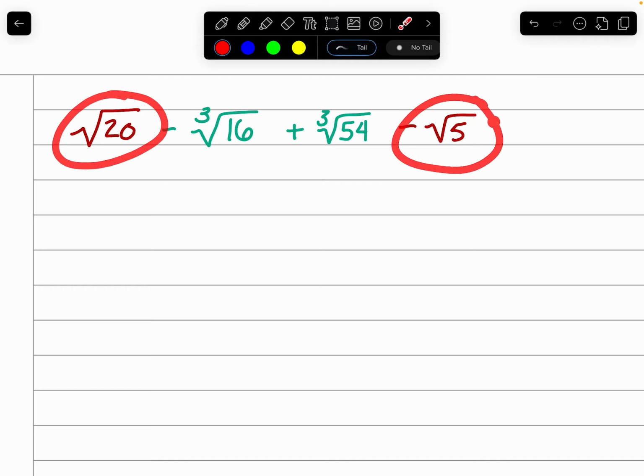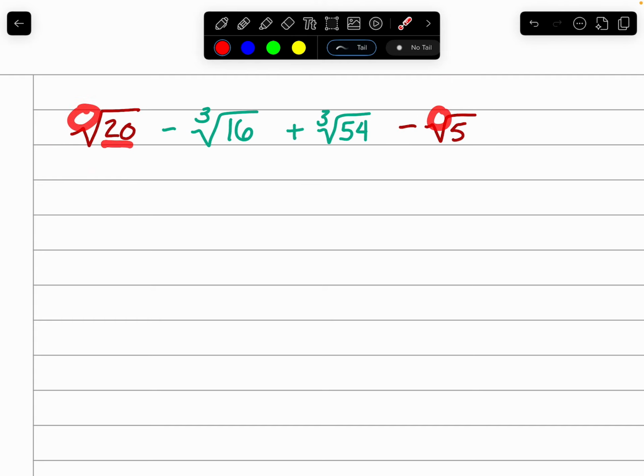These two are kind of like radicals because look at my index. But they're not entirely alike because they don't have the same index or radicand. Same with these here. They just have the same index. So maybe they are the same radicand. So let's check. What we do is we just do factor trees.